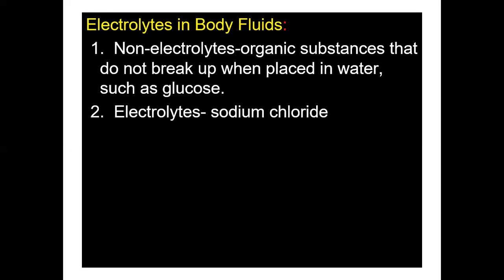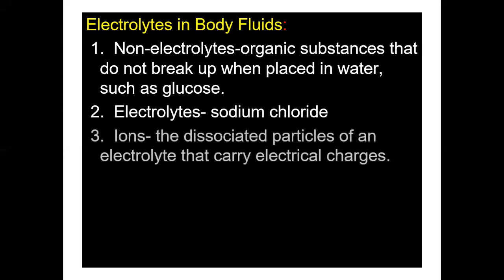These are electrolytes that float around in our water system in our blood. Sodium chloride is going to be broken apart in water. Anything that breaks apart in water, those are the electrolytes we're talking about. So you have to have an electrolyte balance in your body.